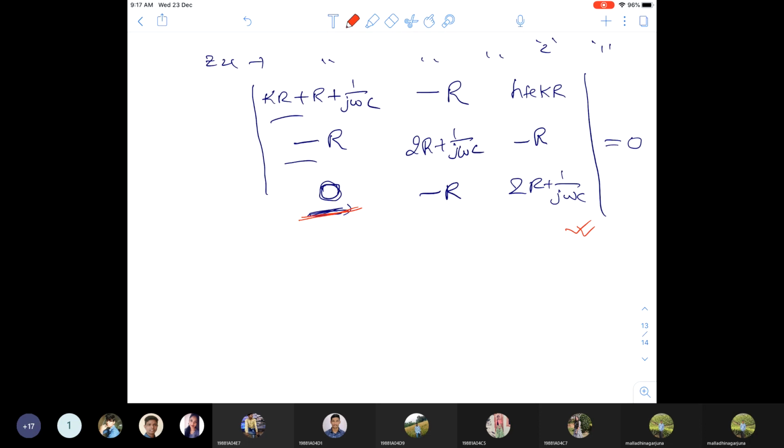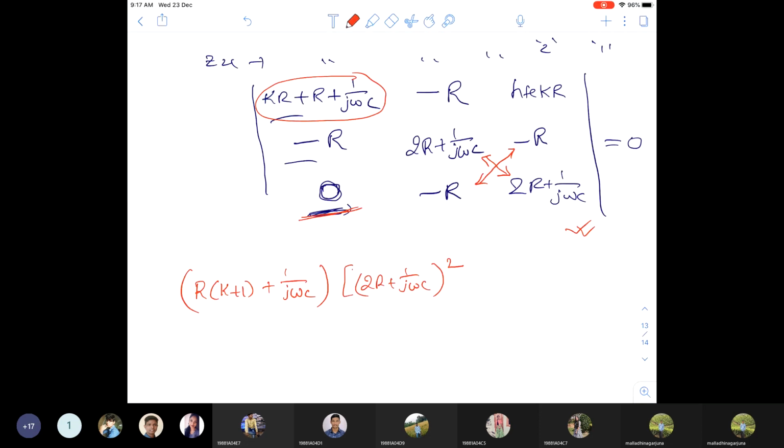Now first write the term for this. That becomes R into (R(k+1) plus 1 by j omega C) into the product of these two, minus the product of these two: (2R plus 1 by j omega C) whole square, because both are the same, minus (minus R into minus R).